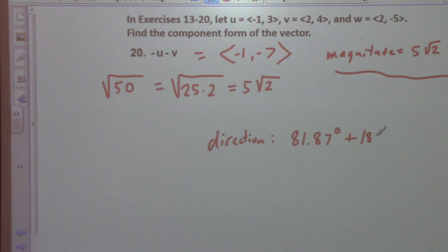Let's just watch out for that. So theta, in this case, is equal to 260 something, right? What would that be, 261? Yes, 261.87 degrees. Okay.